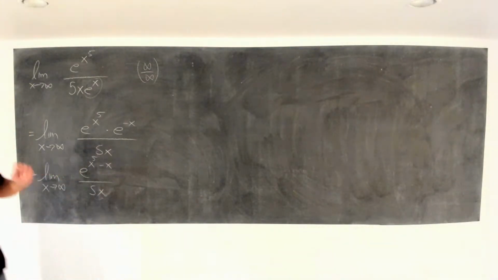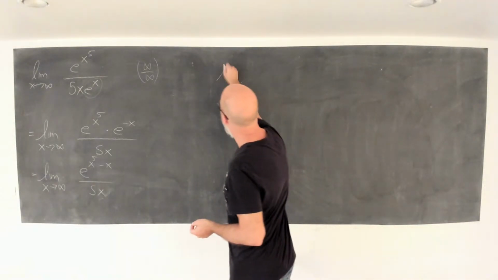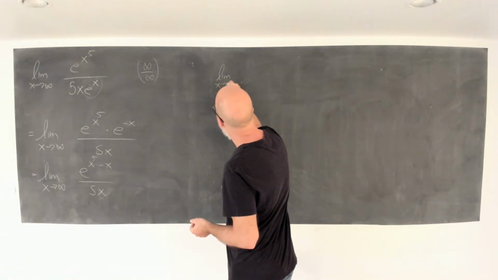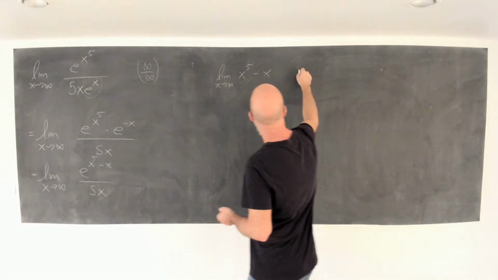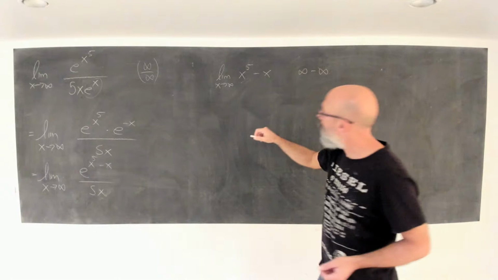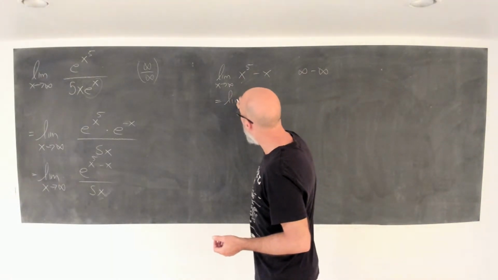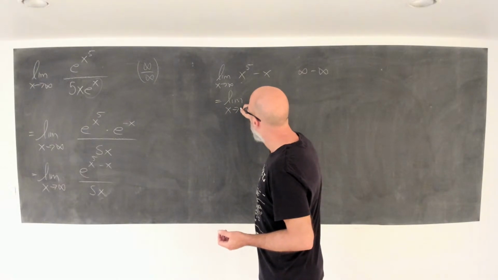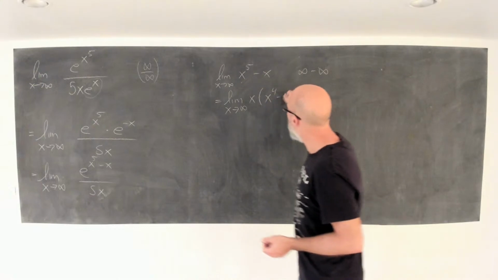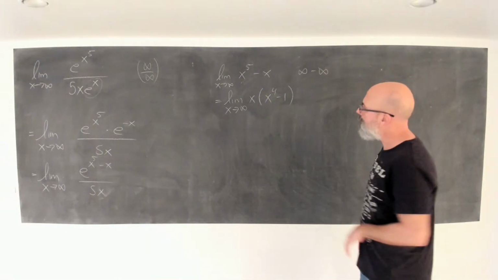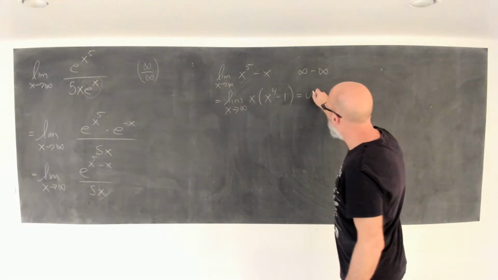And now if you want to take a moment to convince yourselves that the limit as x goes to infinity of x to the 5 minus x, which has the form infinity over infinity, but you know what you're going to do, right? Maybe you're going to factor out an x or an x to the 5, whatever you want to do. You'll get the same answer: as x goes to infinity, this goes to infinity, this goes to infinity, so the whole thing is infinity.